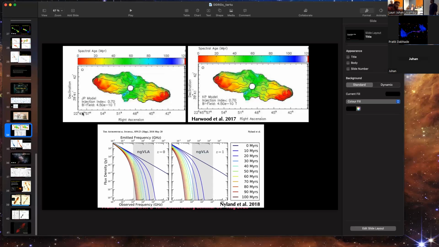Do they show a preference with the environment? Nobody has done that yet. What is your bet? In my knowledge, they have not been seen in clusters, so they might be in non-cluster environments.